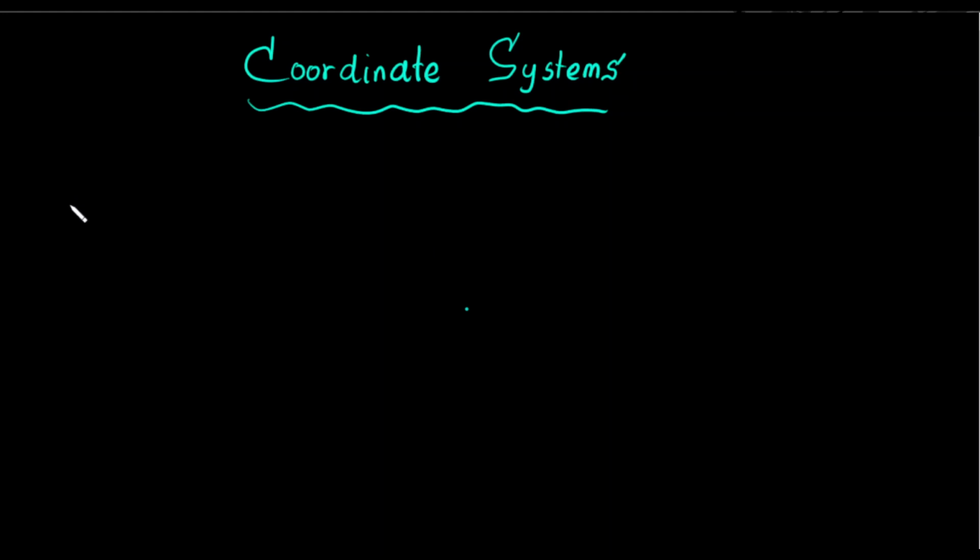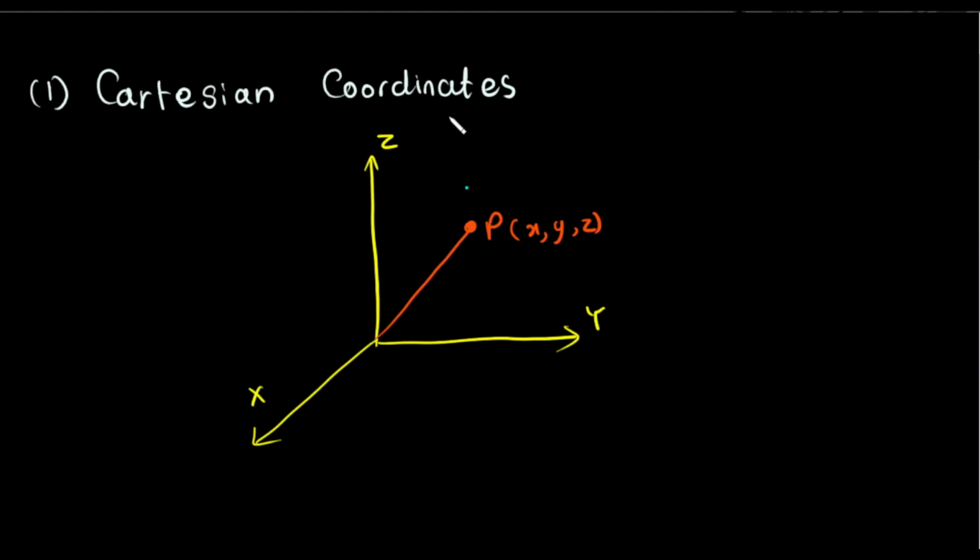So I'm going to start with the Cartesian coordinate system. In this Cartesian coordinate system, we describe a position using the x, y, z coordinates. So we have the x hat unit vector along the x direction, the y hat unit vector along the y direction, and the z hat unit vector along the z direction.